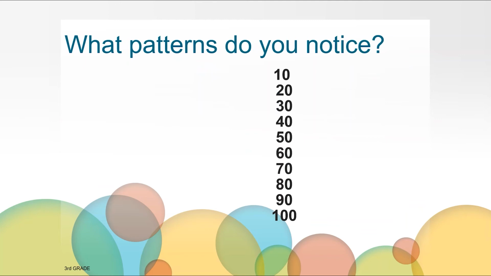Now, take a look at these numbers. What patterns do you notice? I bet you notice that all of these numbers have zeros in the ones place. Did you notice that these numbers go in increasing order from the top to the bottom? Did you notice that it's counting by tens?